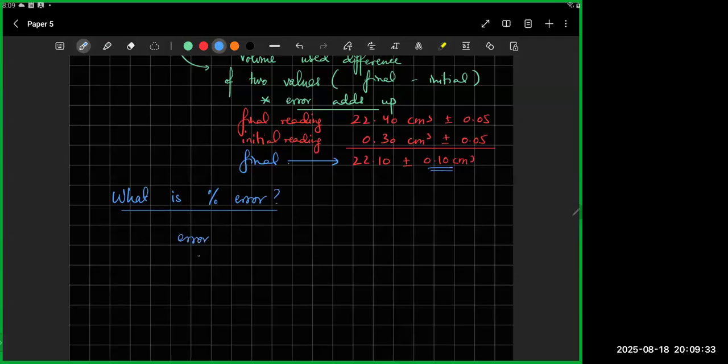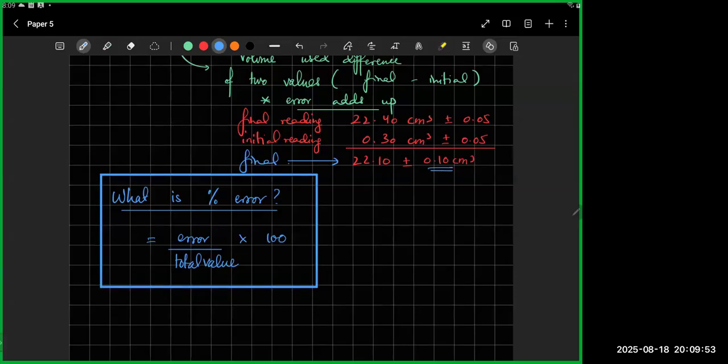That's the error divided by the value or the total value times 100. ठीक है, that's your percentage error. How do you minimize this?